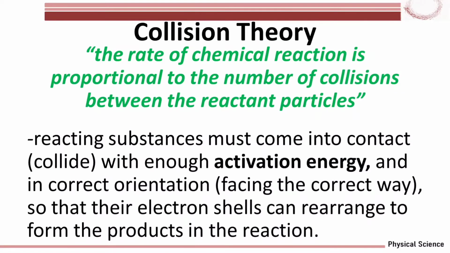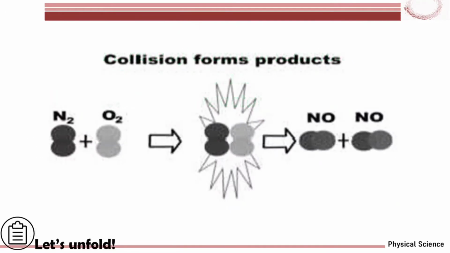Or, reacting substances must come into contact or collide with enough activation energy and in correct orientation so that their electron shells can rearrange to form the products in the reaction. So, parang ganito. So, first, you have the reactant. So, bago maging product, meron munang chemical reaction.